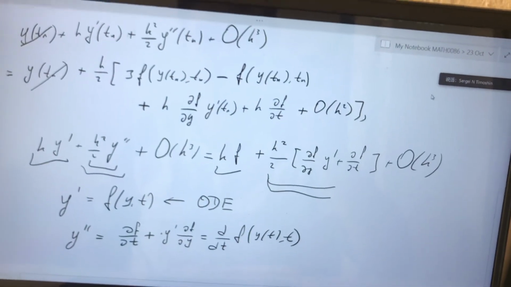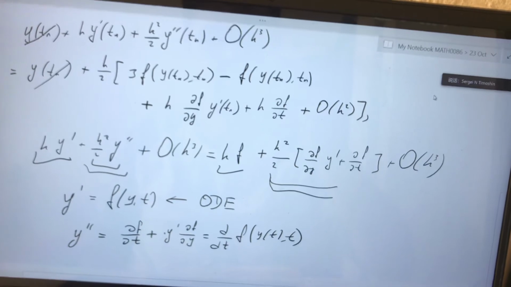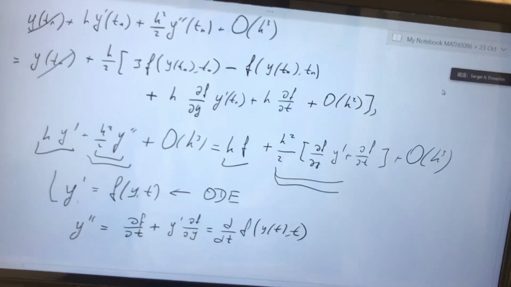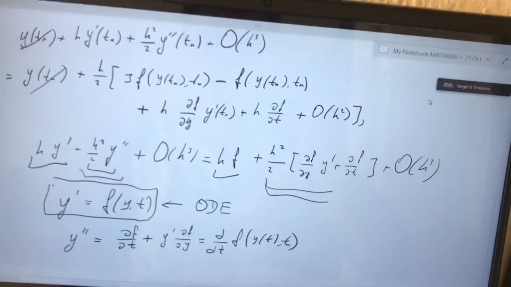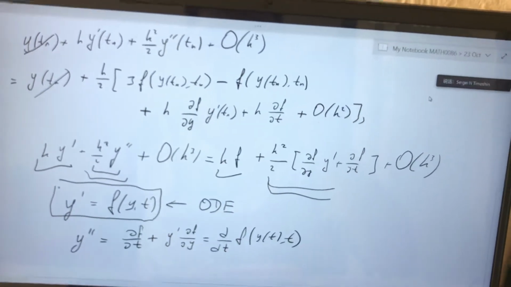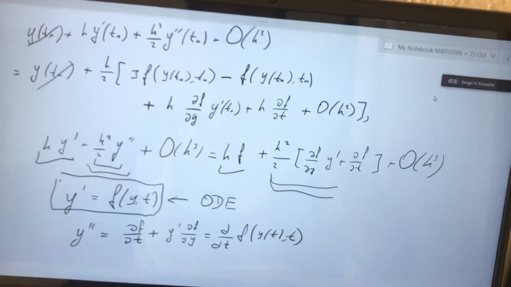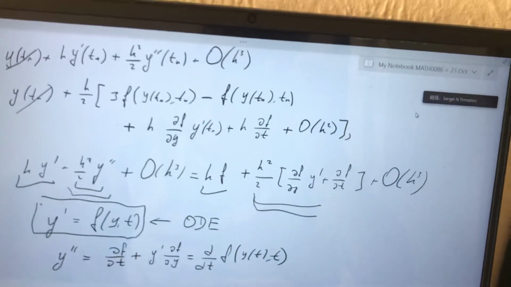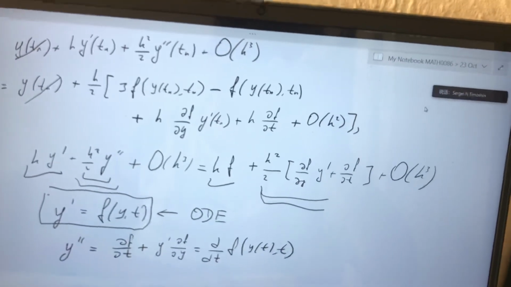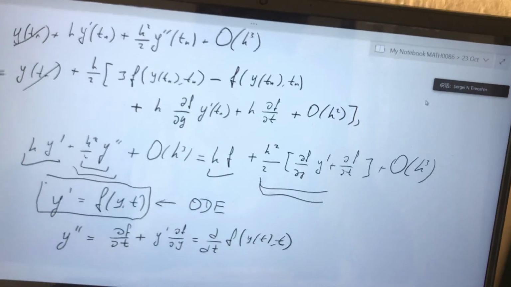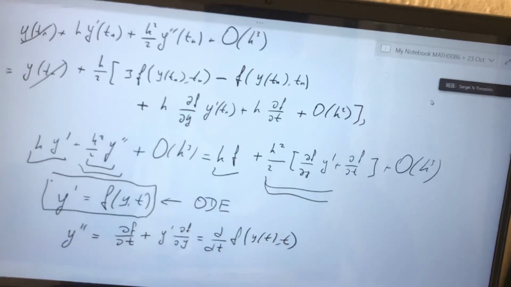So the conclusion is that our finite difference algorithm approximates the differential equation, or is consistent with the differential equation dy dt equal to f of y, t, to order h and order h squared. Therefore, it's consistent with a local truncation error of second order.